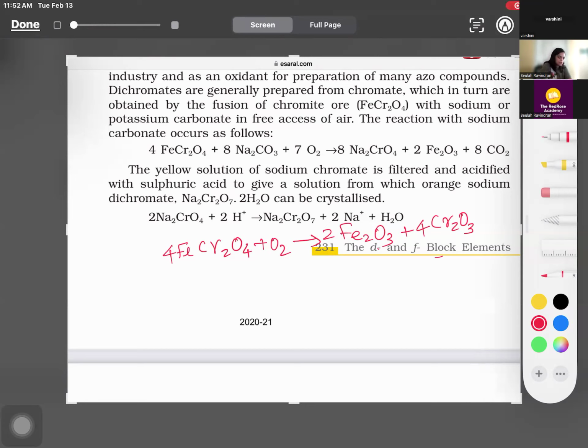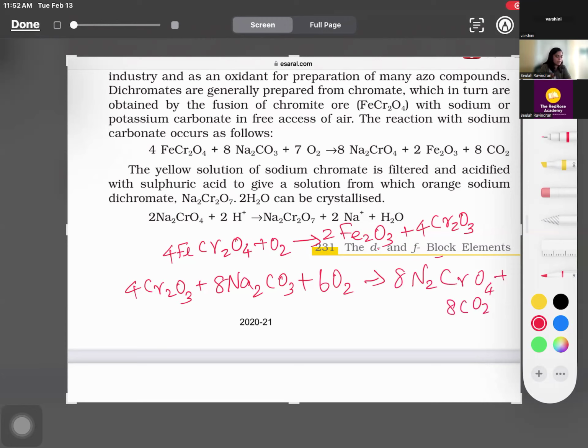After that, this 4 Cr2O3 mixes with 8 Na2CO3 plus 6 oxygen, because excess is given here. Then it gives 8 Na2CrO4 plus the remaining 8 CO2.